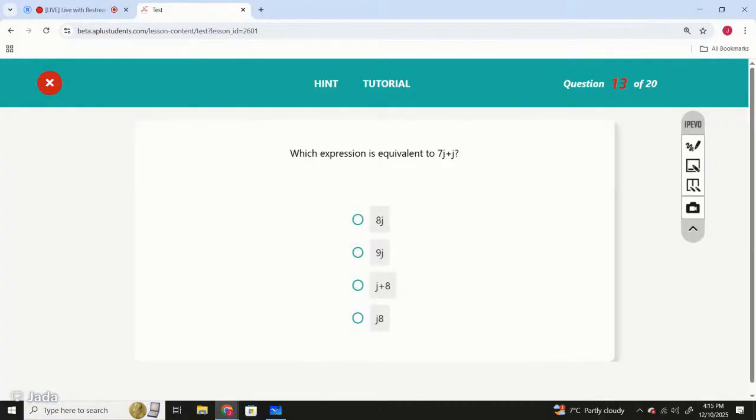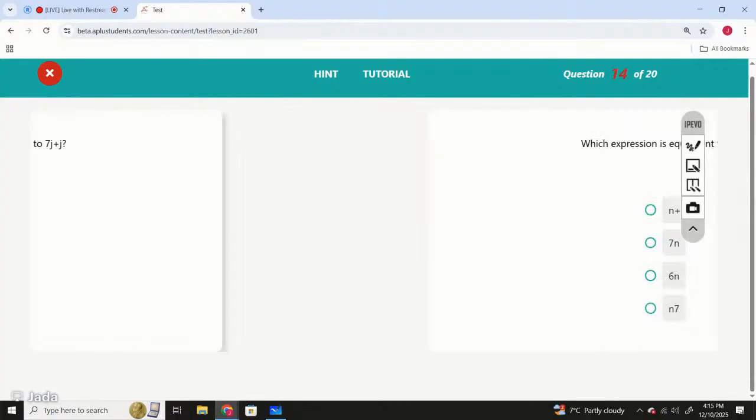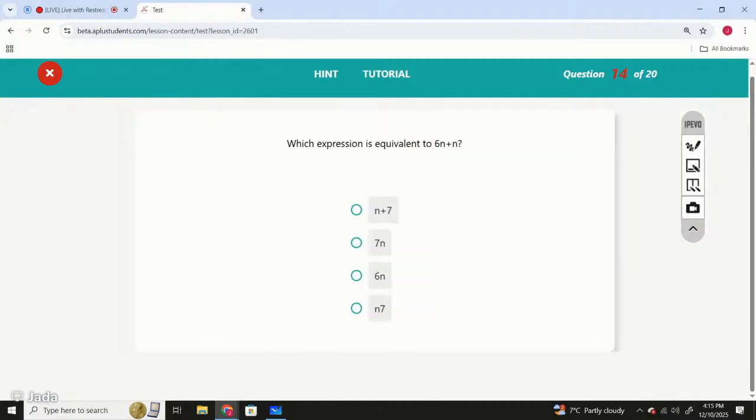Which expression is equivalent to 7j plus j? They have the same variable, so they are like terms. We need to collect them. So 7j plus j equals 8j. Option number 1 is the correct option.